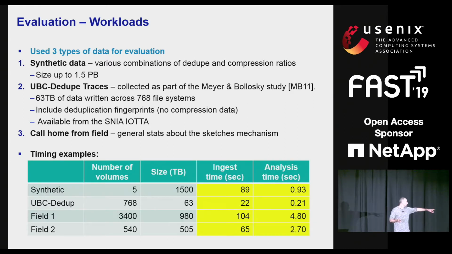It's in the yellow. 89 seconds to digest on a system that has 1.5 petabytes of data. So that's a lot of data to digest there. We always work here under 2 minutes, which is reasonable. The analysis phase, again, is much, much faster. And if you're questioning a specific group, we're way under 1/10 of a second and much faster than that.